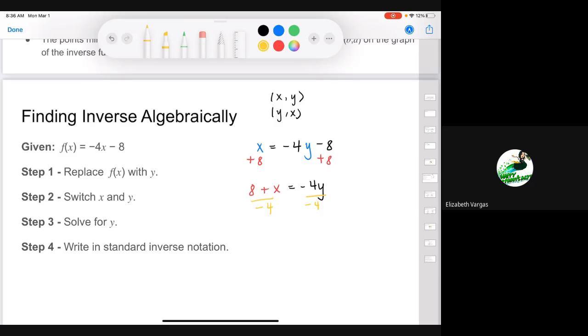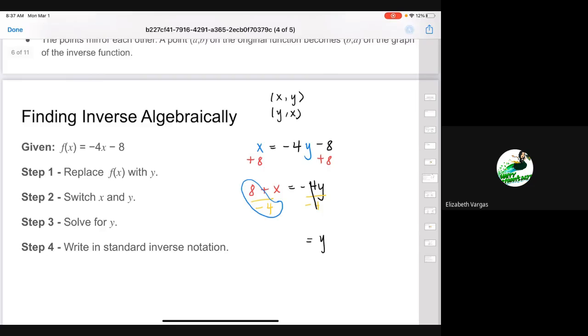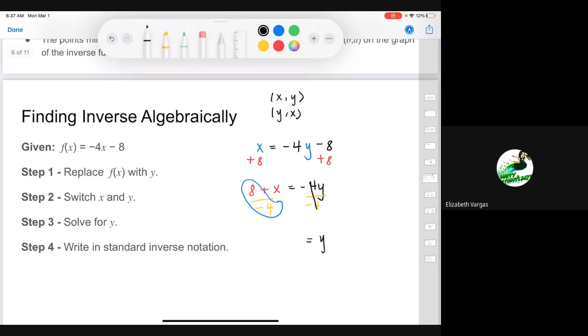Now I can cross out this one. Can I divide by negative 4 here? Yes, I can divide by negative 4 on this function right here, and when I do the division, it becomes negative 2.